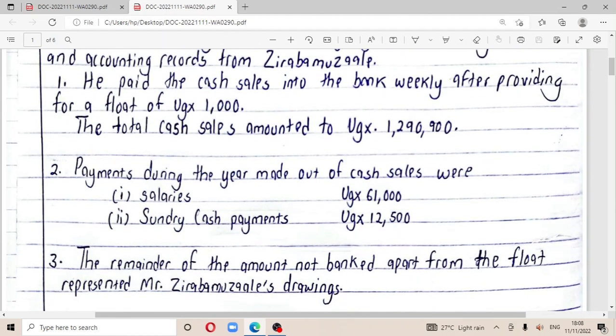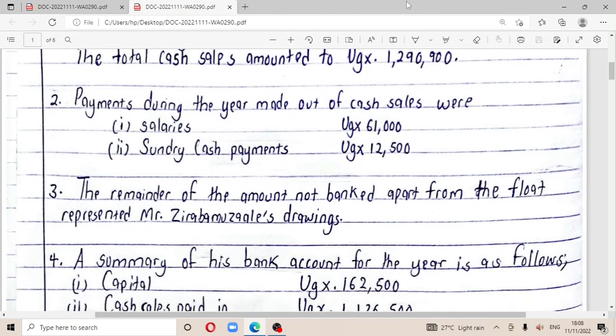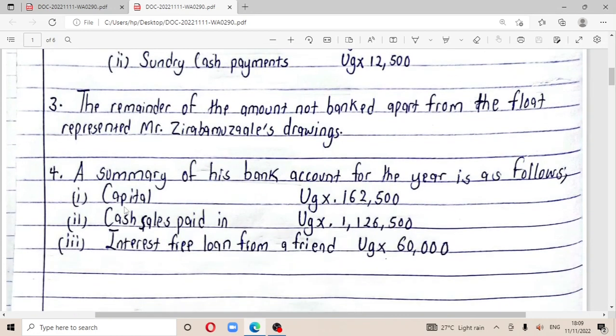Then payments during the year made out of cash sales were the salaries and the sundry cash payments. Then the remainder of the amount not banked apart from the float represented Mr. Zira's drawings.